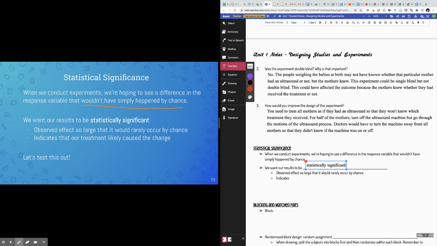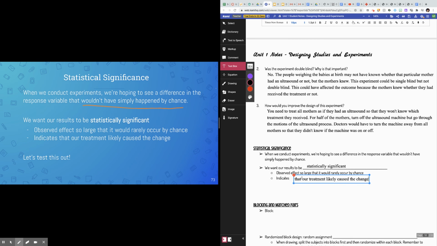It's obviously possible that anything could occur just by chance, right? But we're saying this difference is so large that it would be very, very rare just because of the natural variation of the universe that this result would occur if we hadn't imposed our treatments upon it. So what this indicates is that our treatment likely caused the change.